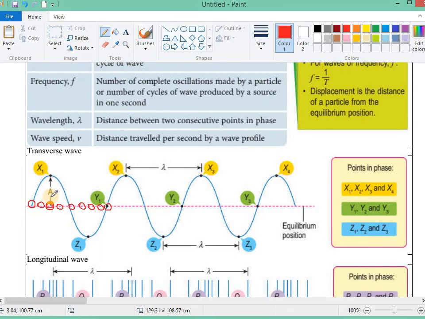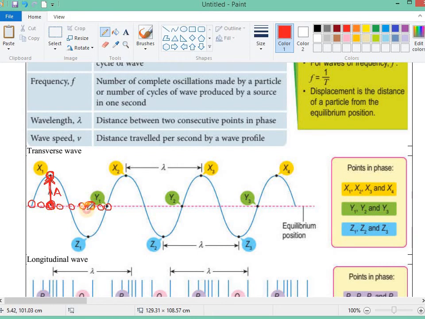Remember what is displacement? It moves away from the original position, moves up until here, maximum. This is the maximum displacement. It doesn't go any higher. So this maximum displacement is what we call the amplitude of the wave.